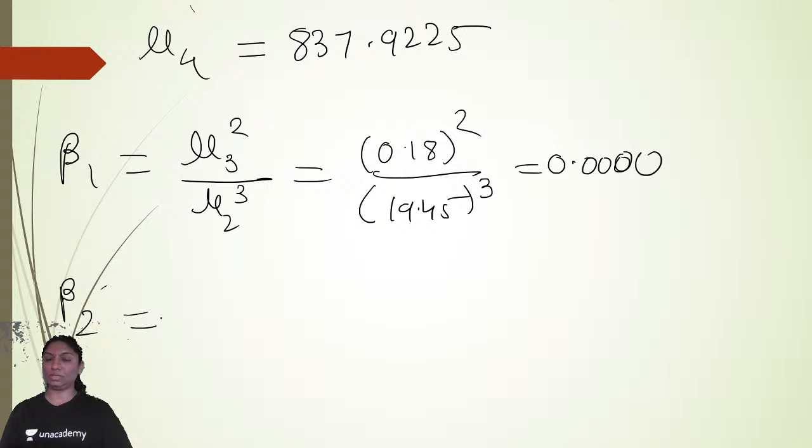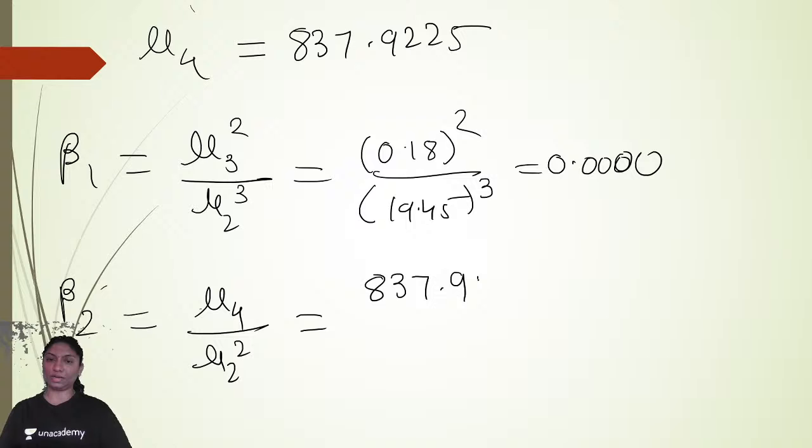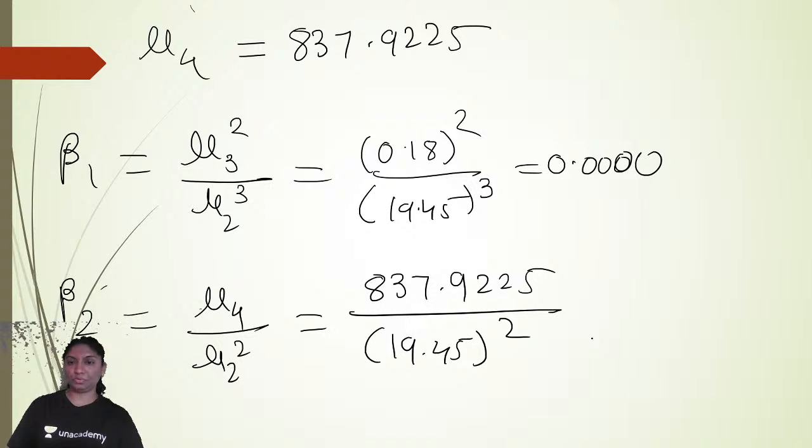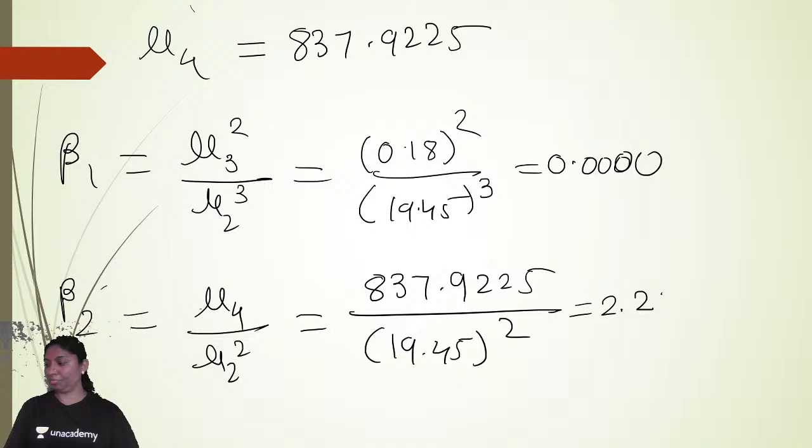Beta 2 is the coefficient of kurtosis, that is beta 2 is equal to mu4 upon mu2 square. Value of mu4 is 837.9225 upon mu2 square. Mu2 is 19.45 square. So which is equal to 2.2149.